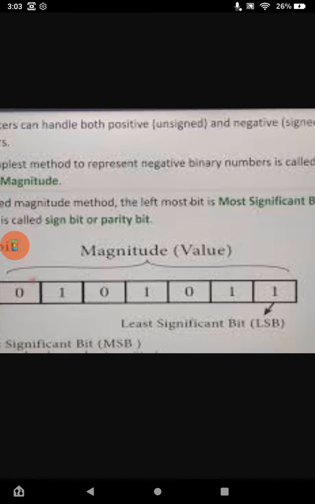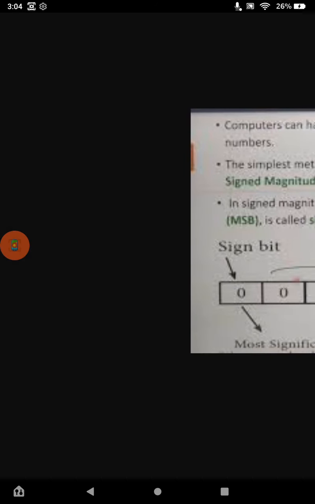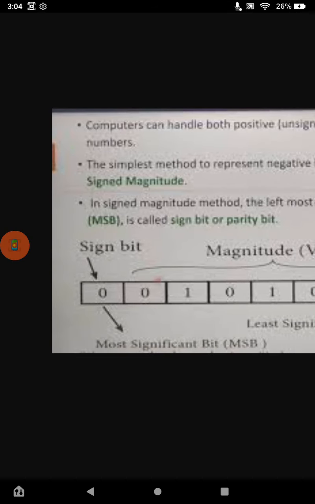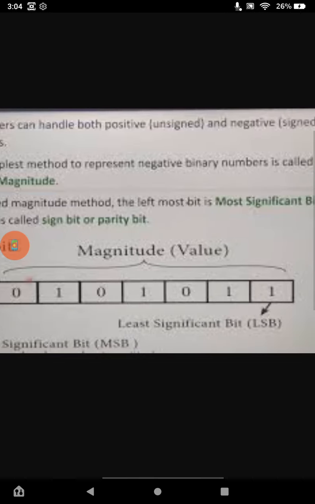If these 7 bits were alternating 0s and 1s, for instance, as in this example, 0, 1, 0, 1, 0, 1, 1, that value is a positive value since it's assigned a 0 at the most significant bit, which is the one that's furthest to the left. And if it was given a 1, then this value would be a negative value.